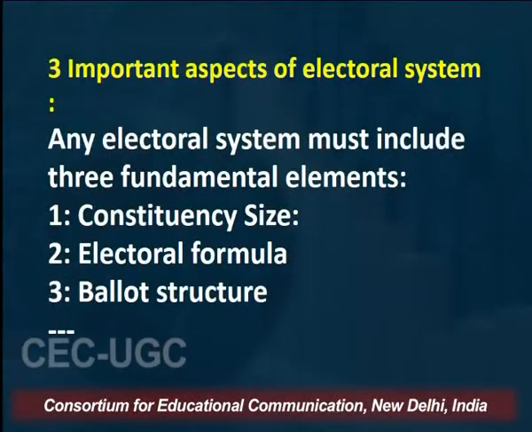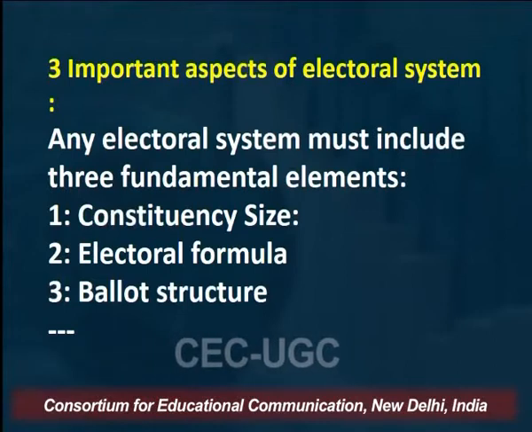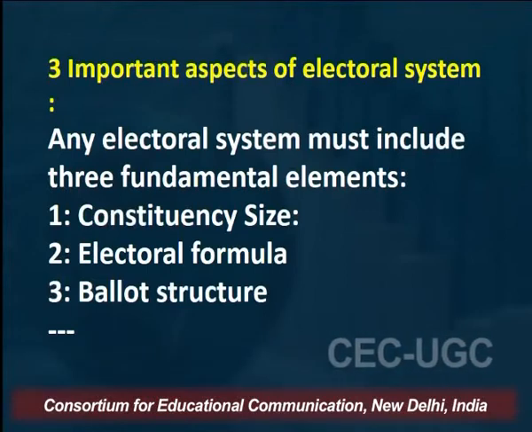What do we mean by an electoral system? An electoral system implies the rules that define what the structure of the outcome will be, namely district seats; how people will vote, the ballot; and how votes will be converted into seats, the formula. So, any electoral system must include three fundamental elements.